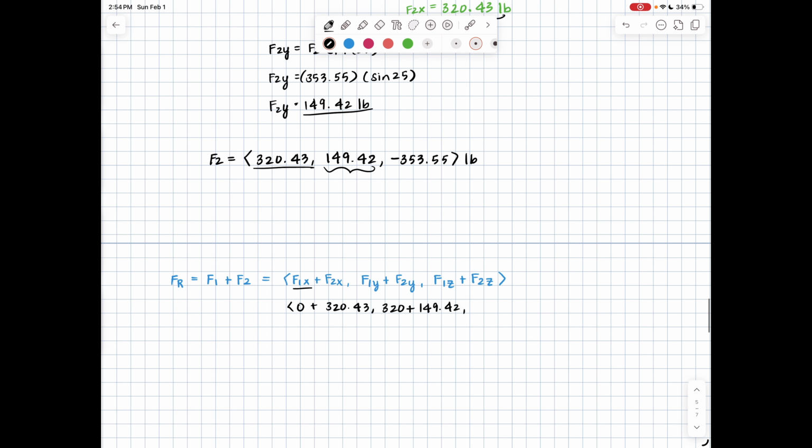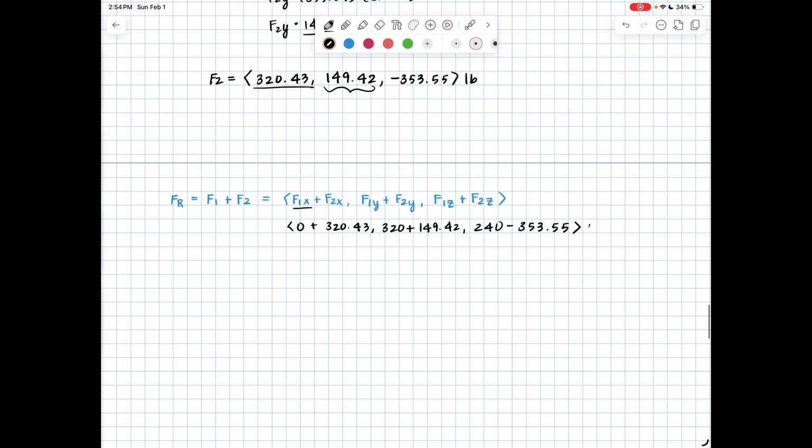So 240. And then plus negative 353.55 from our F2z. So I'm just going to write minus 353.55. And I'm going to put our units of pounds, and this is what FR equals.